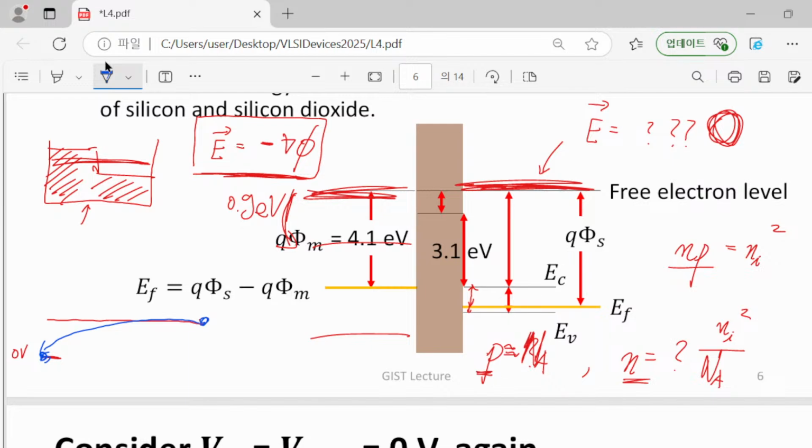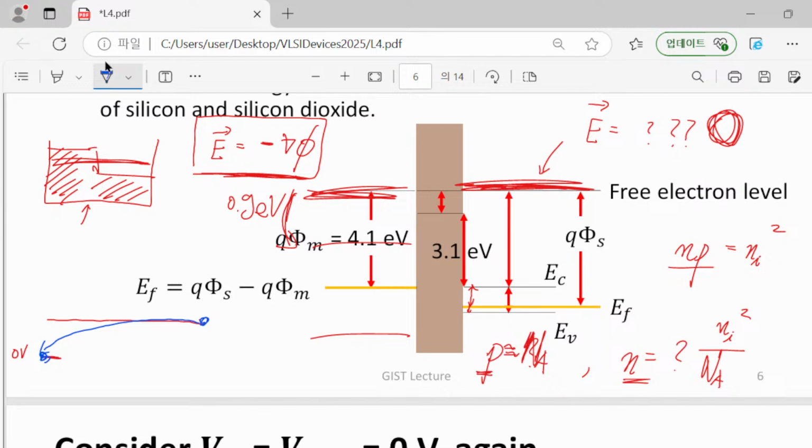As a criterion for our analysis, if we apply a gate voltage higher than the flat band condition, then our metal part is driven downward. Now think about the other way around.